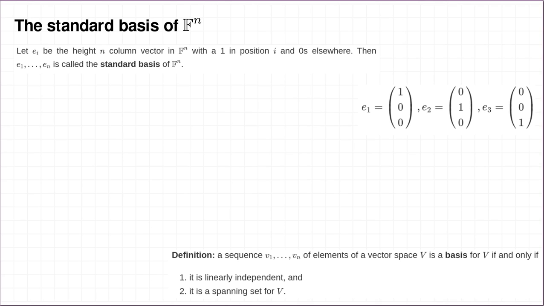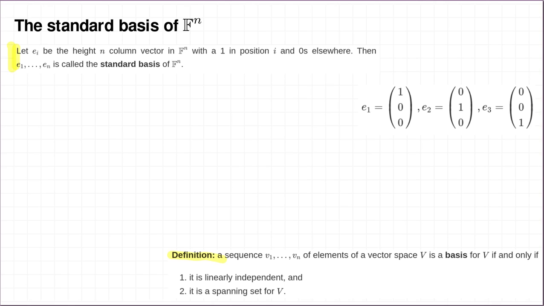Vector spaces consisting of column vectors have what is called a standard basis. And on this slide, we're going to define that standard basis and prove that it really is a basis. So as a reminder, I've copied the definition of basis at the bottom of the screen there.